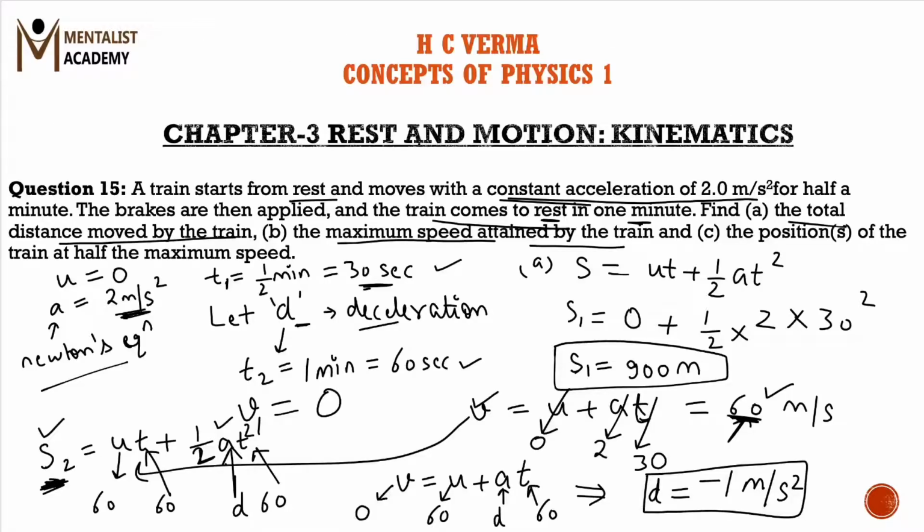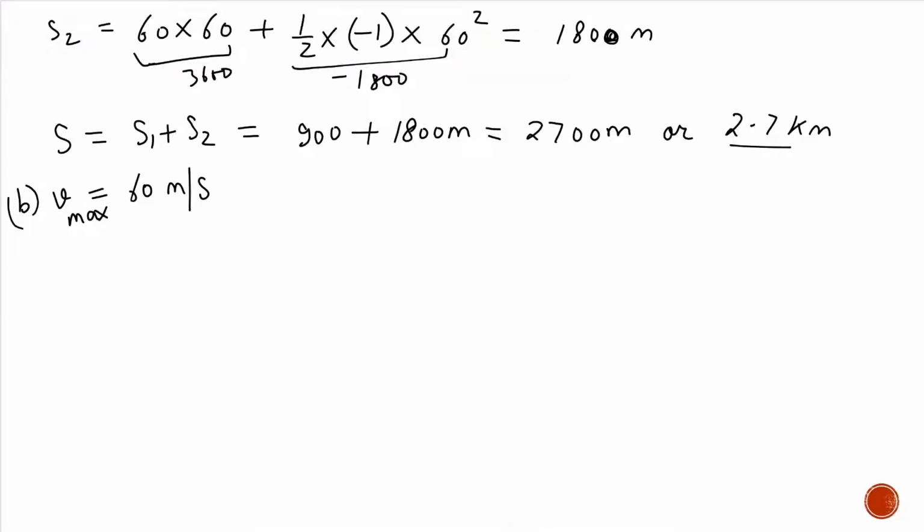In the C part, it is asking the position of the train at half the maximum speed. So at half the maximum speed, that is V equal to 30 meter per second, what will be the position? So let us find that out.